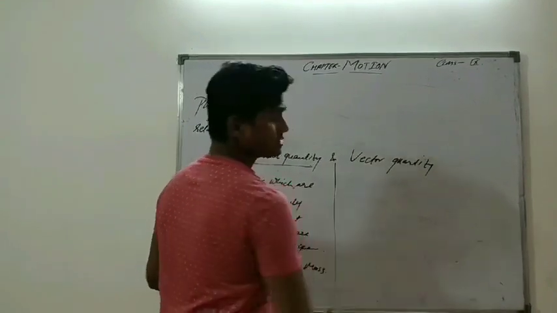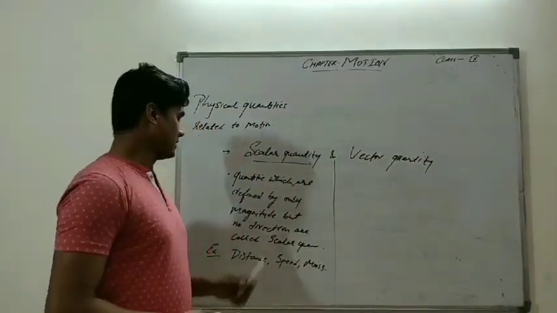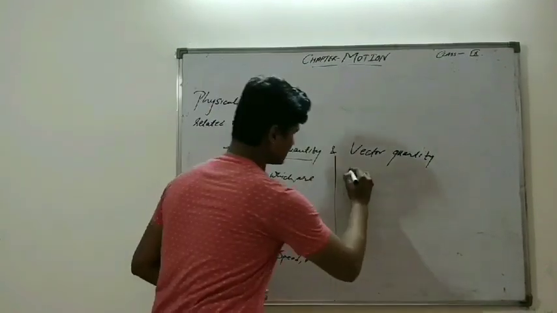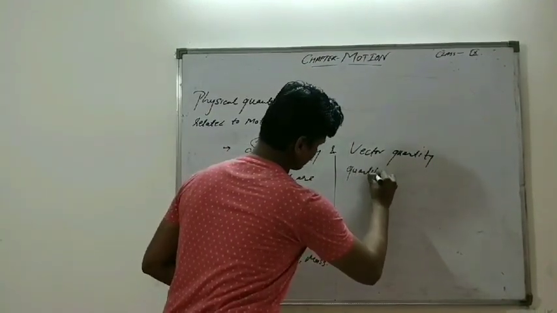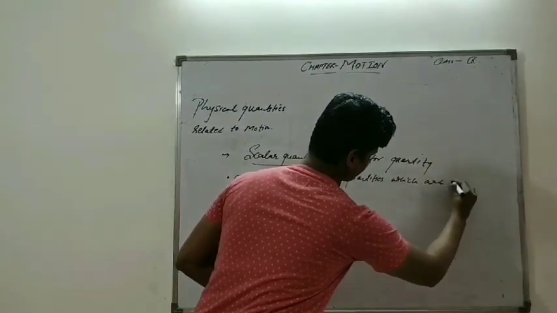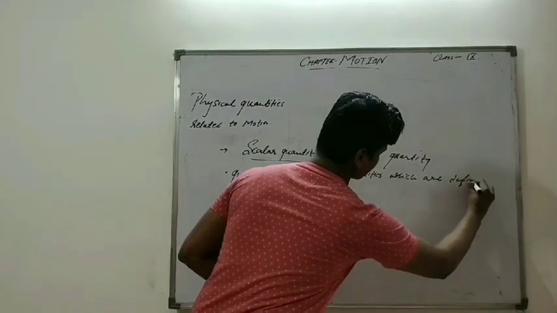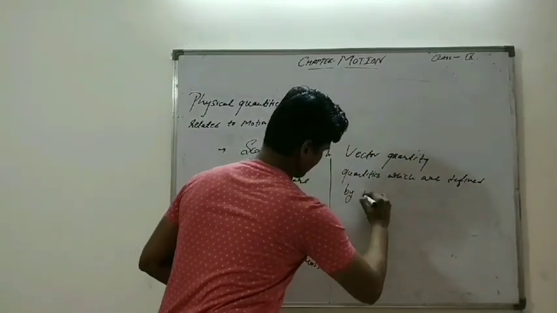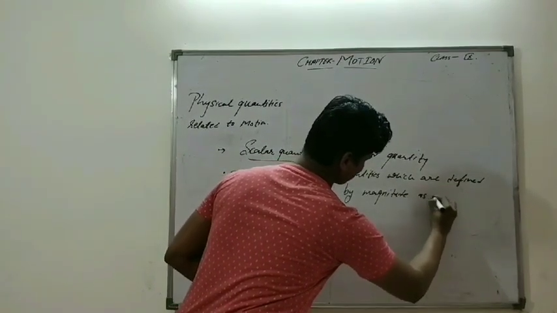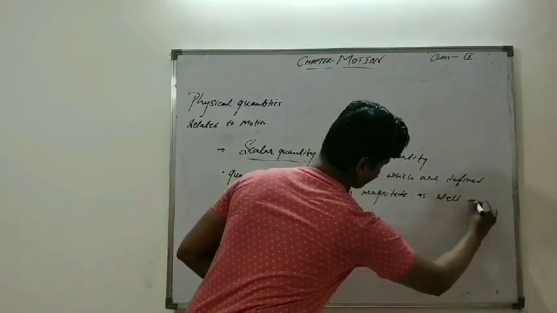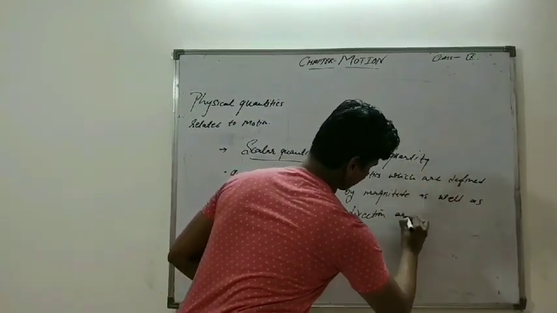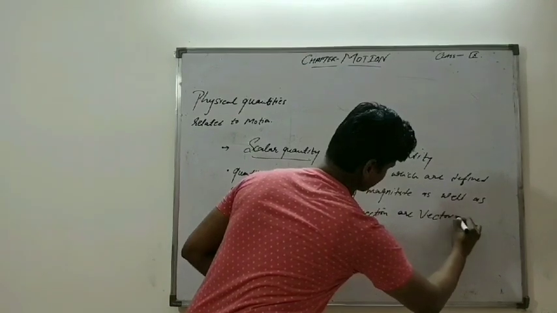Similarly, vector quantities are the quantities which have magnitude but also direction, or we can say quantities which are defined by magnitude as well as direction are vector quantities.